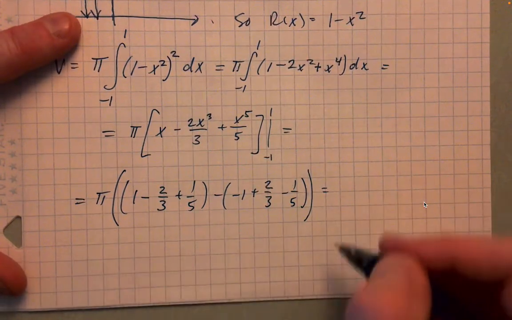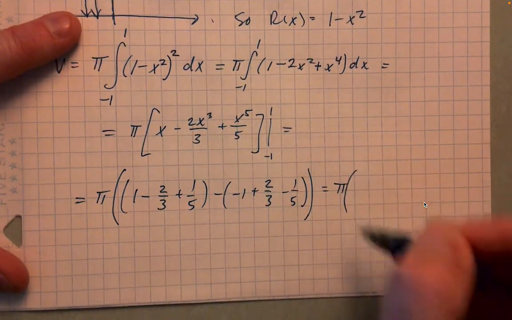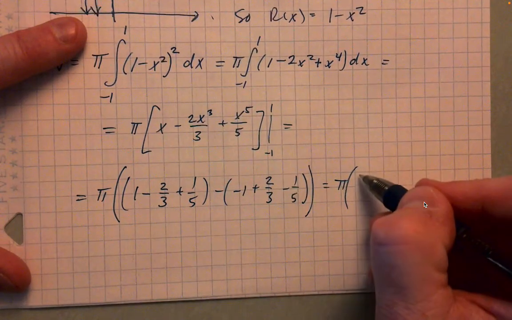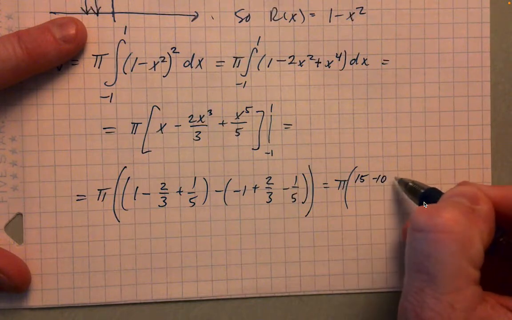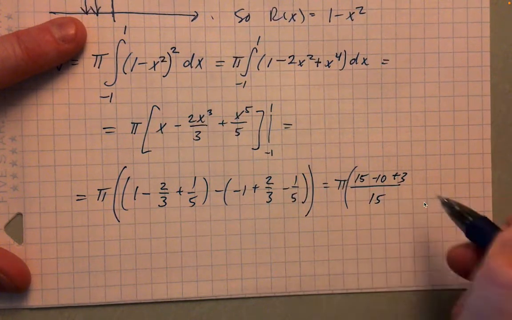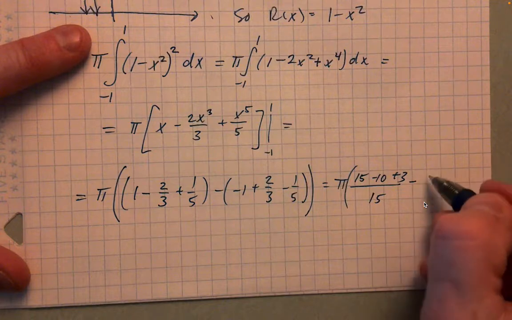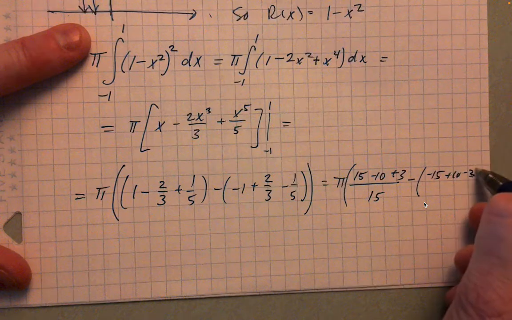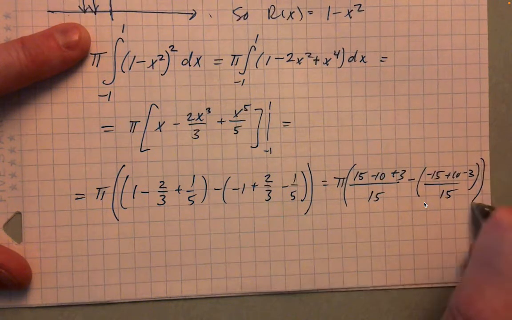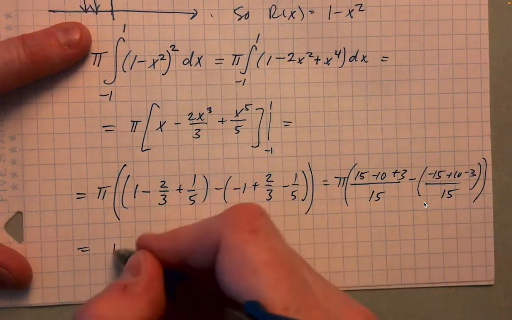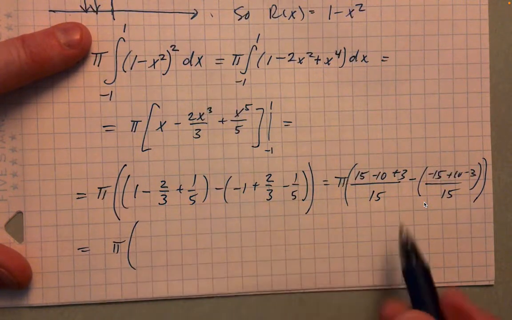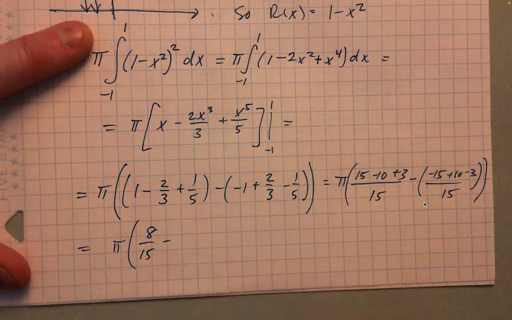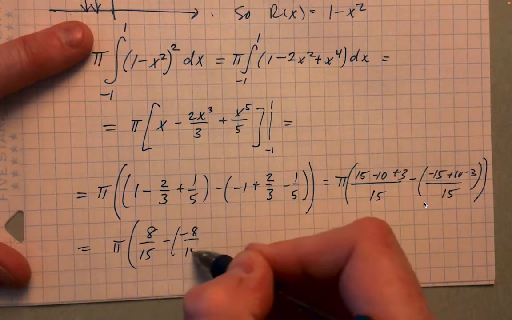Now, if you wanted to do this with the fractions, you just have to get common denominators, right? And so this would be 15 minus 10 plus 3 over 15, and then minus, and then it would be -15 plus 10 minus 3 over 15, right? And so you get pi times 8/15 minus -8/15, right?